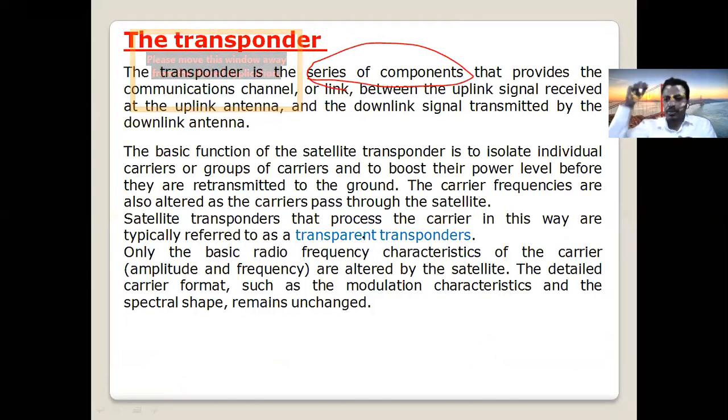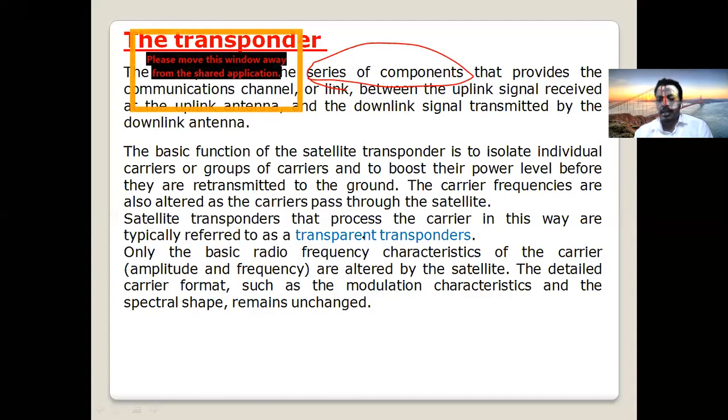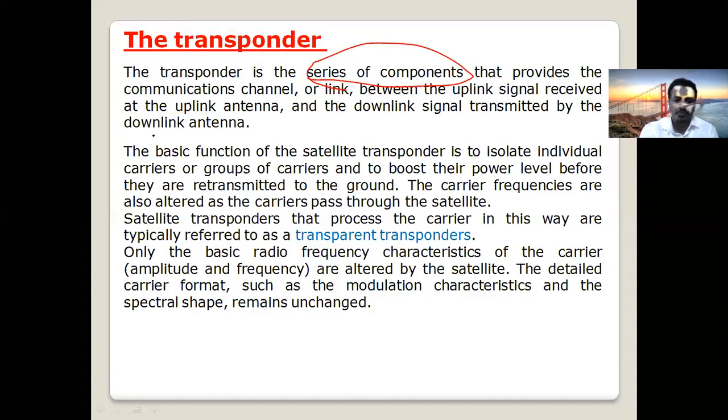Why do we need a transponder in space? Because we need to process this information, right? Before we retransmit to another part of the globe, the signal must be amplified and the frequency must be translated. All this processing is performed by the transponder.